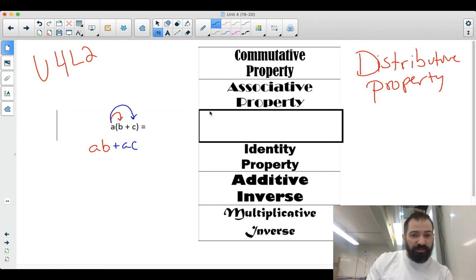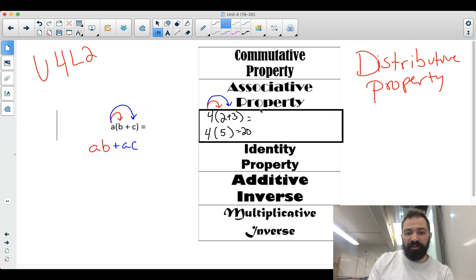We can do that with numbers as well. What if we use 4 times 2 plus 3? We could think of this like a normal problem working with PEMDAS: 4 times 5, which equals 20. Let's put that in our back pocket for a second and talk about using distribution. We distribute this 4 to both the 2 and the 3.